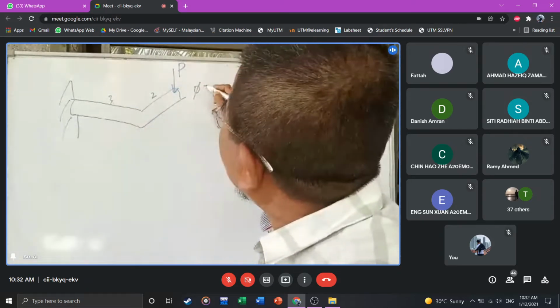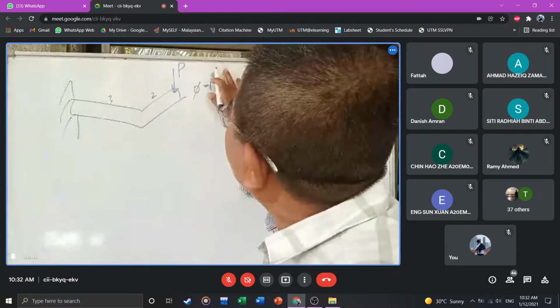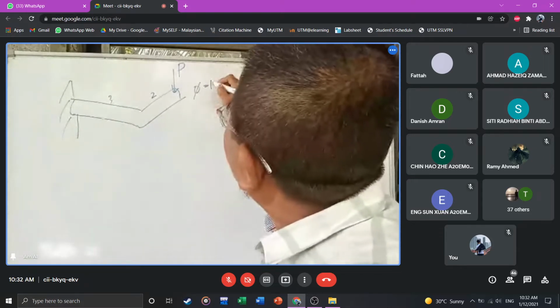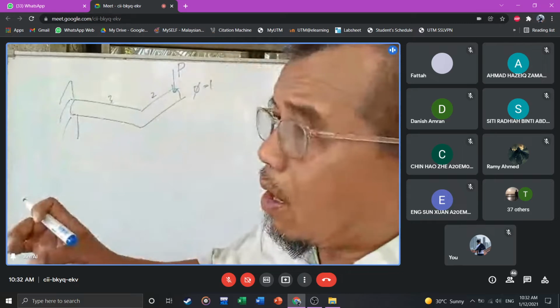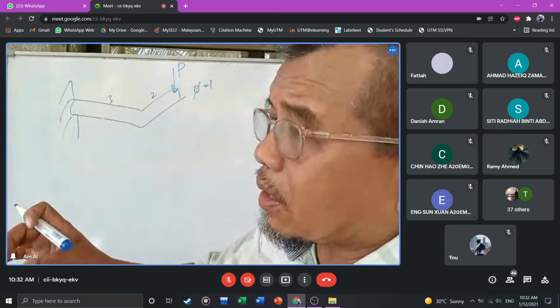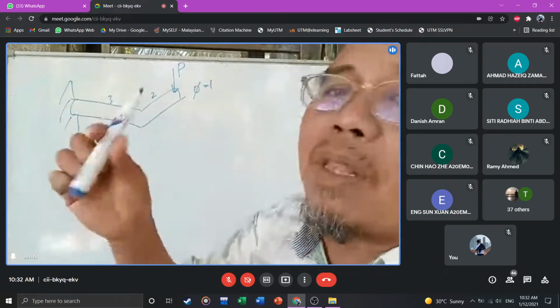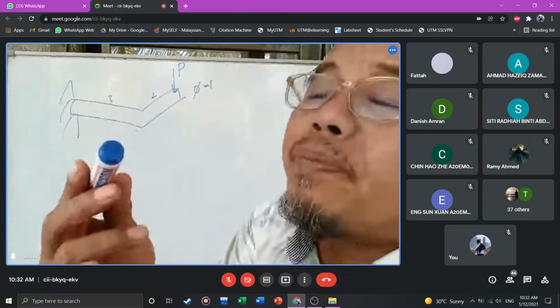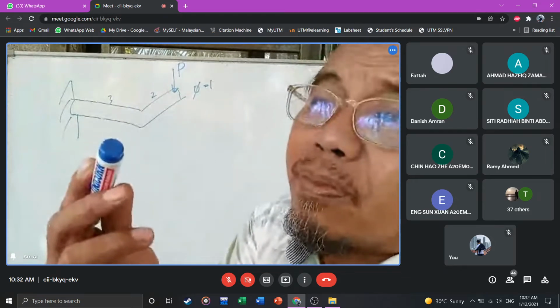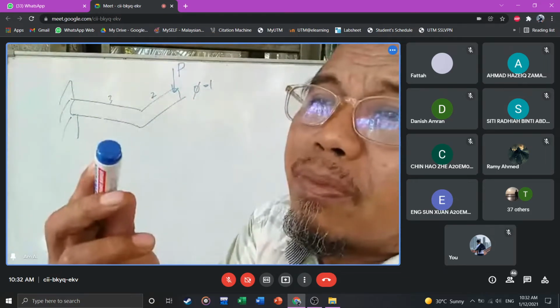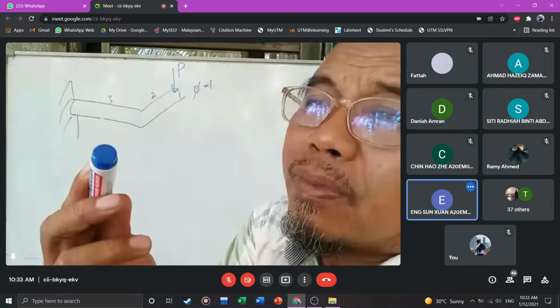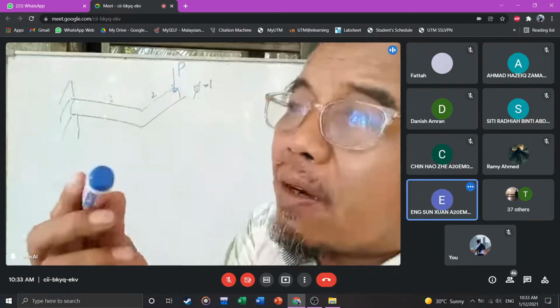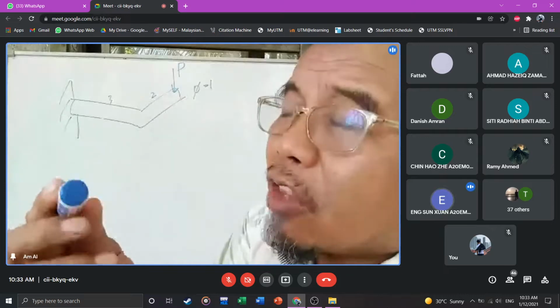The diameter is 1... what is the diameter of this pen? Roughly, by your eyes. 10 mm. 10 to 15, right? 10 to 15 mm.